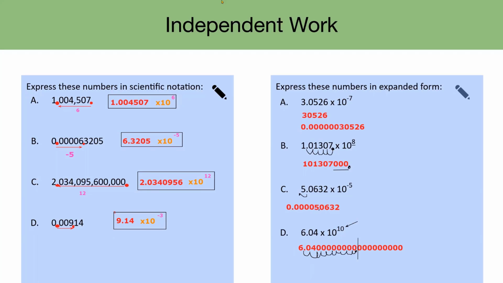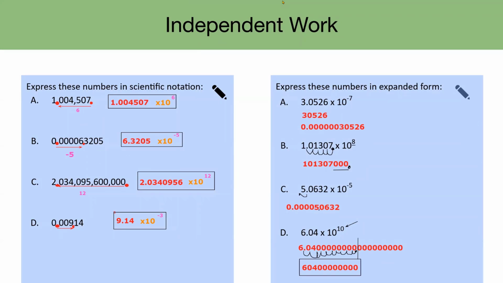So let's see, we're going to have 6.04 with 1, 2, 3, 4, 5, 6, 7, 8 zeros after it. So let me type that out. 604, 1, 2, 3, 4, 5, 6, 7, 8. Our final answer should be displayed as the last number I typed right down here. And you could keep the decimal place at the end as well.